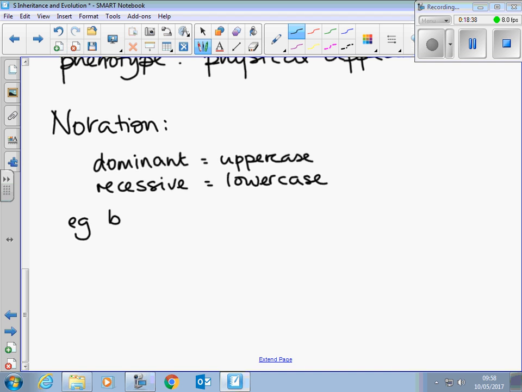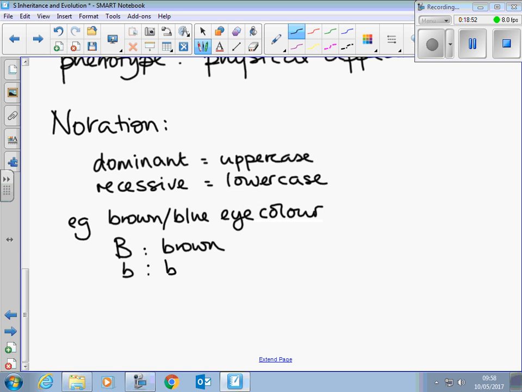If we say the brown-blue eye colour, then big B represents brown, little b represents blue. We don't say capital B, uppercase B, lowercase b. We say big and little. All right, and that is just how it's said.